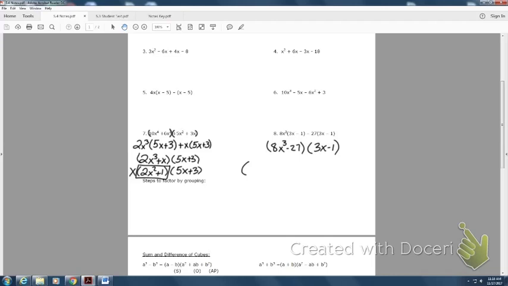What this one would end up turning into is going to be something like this. Just that first 8x cubed minus 27 turns into those two right there. And then you would still have 3x minus 1, which is what we're going to talk about on the next page.